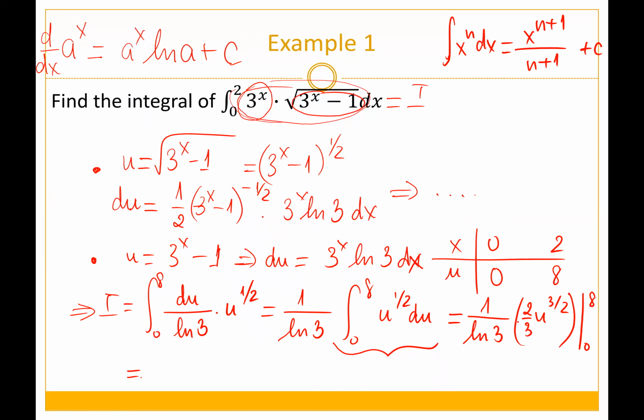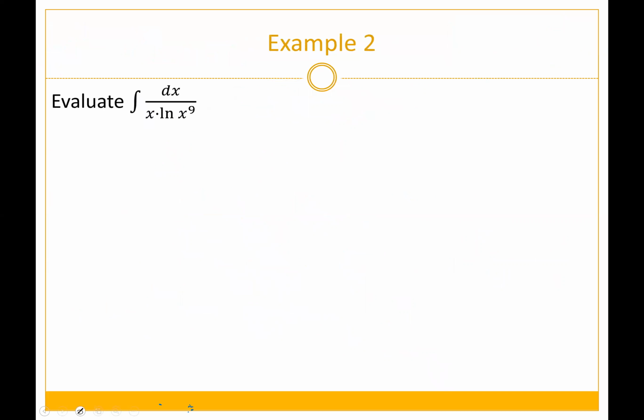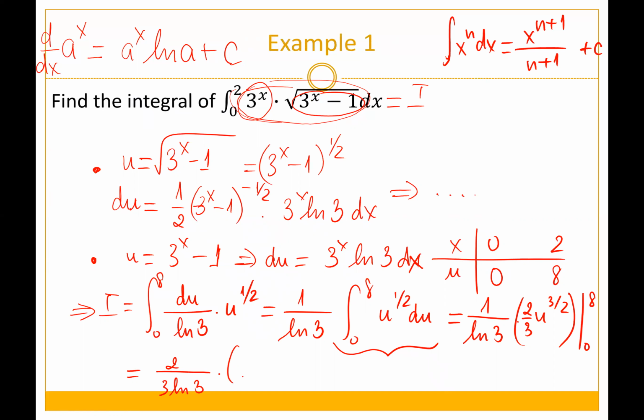What you're going to find is 2/3 ln 3 times 8^(3/2), and when you put in 0, it's just 0. That gives us 2 square root of 2 cubed.